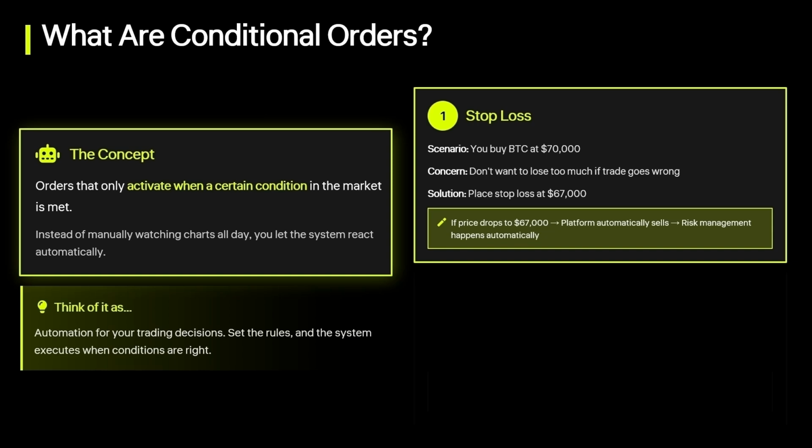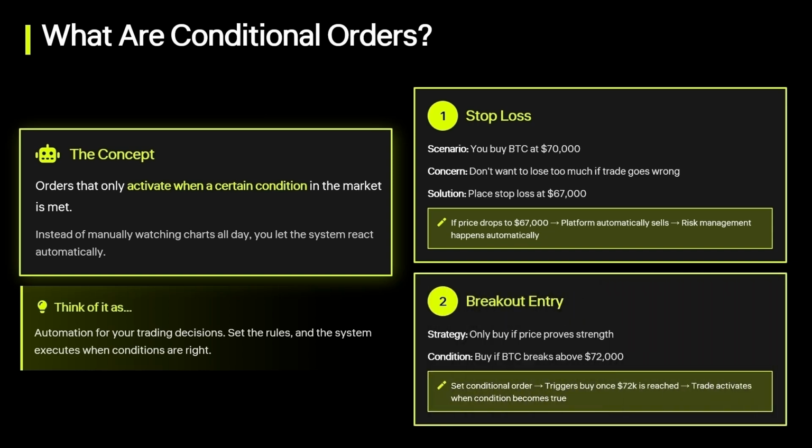But conditional orders also work for entering trades, for example, a breakout entry. Let's say price is again at $70,000, but you only want to buy in after the price proves its strength by breaking above a key level you have charted out at, for example, $72,000. So you set a conditional order that triggers a buy once this $72,000 level is reached.